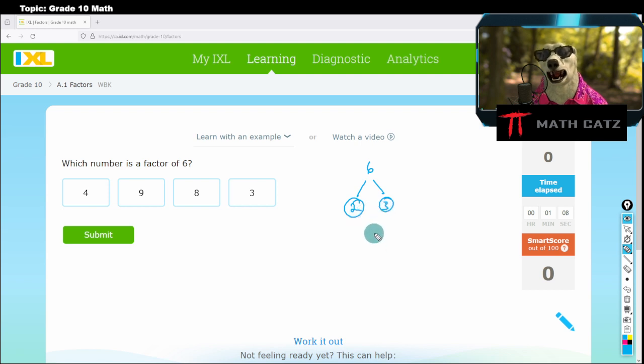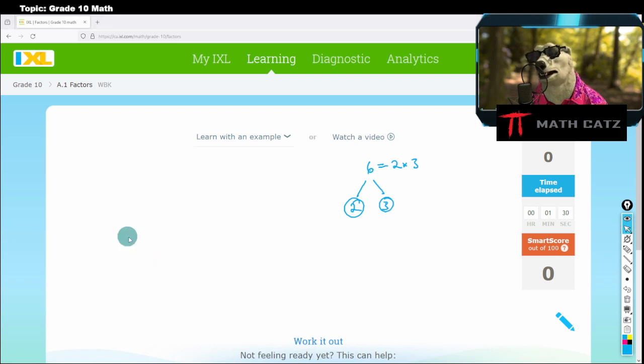They're both prime numbers, and so we call 2 a factor of 6 because 2 times 3 gives me 6. 3 is also a factor because 3 times something else will give me 6. So we'll say 3 is a factor of 6.